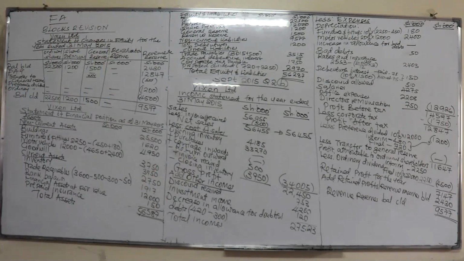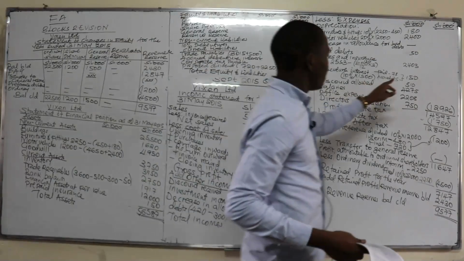So any question in that regard? For debentures, I think it is okay, because when you take 10% of 1,500, it will be 150.